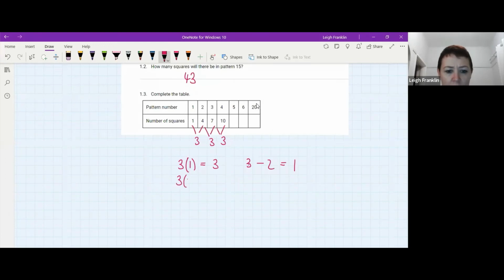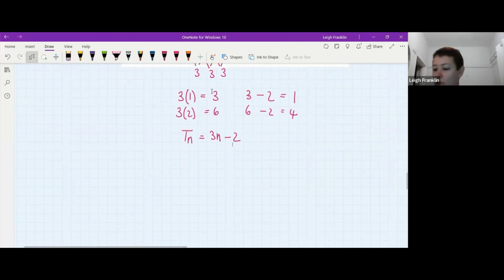So if we take our multiplier and times it by our second pattern number, we end up with 6. If we say 6 minus 2, do we get the correct number of squares? 4. Yes, we do. Right? And so if we continued in that manner, we would see that the rule in this particular case is take the pattern number and times it by 3 and then take away 2.